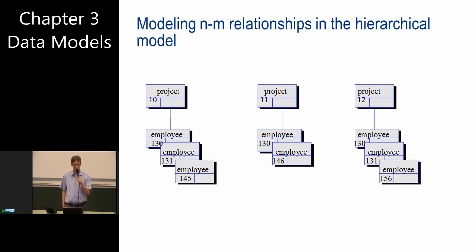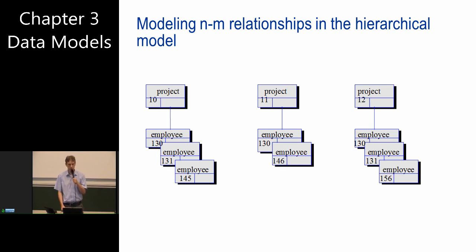It creates redundancy. The redundancy depends upon the amount of information in the employee record type, so the number of data fields there, and also it depends upon how many projects on average an employee is working on. So if an employee on average works on a lot of projects, you're going to see lots of redundancy occurring here.